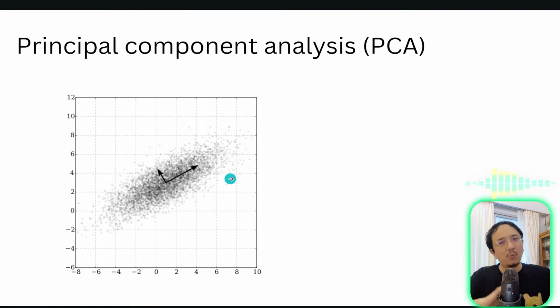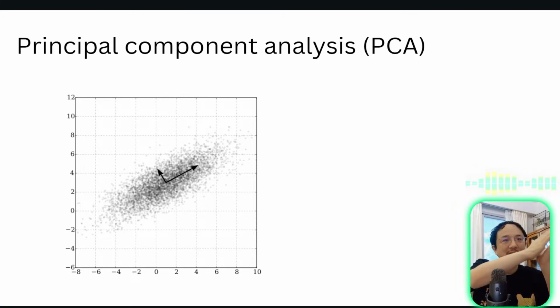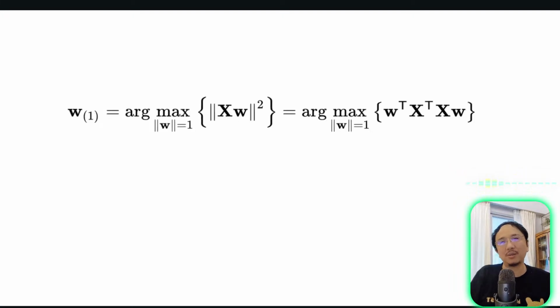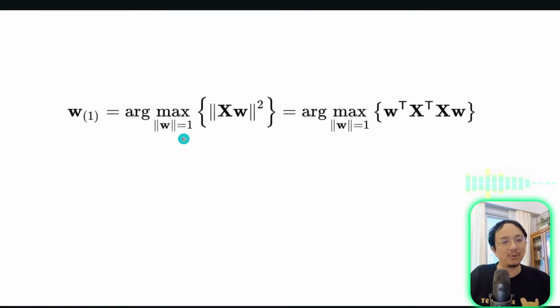So we're just picking one direction so that if we project everything onto it, we can still keep the most length after we do the projection. So that is the first principal component.